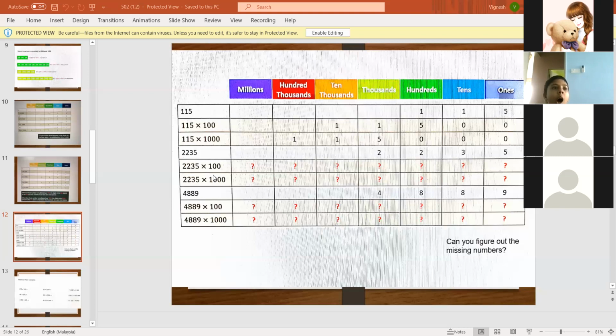What is the answer? Why, is the question very hard? No, teacher. So what is the answer? It is 488,900. Okay, very good. How if we multiply it by 1,000? 4,889,000. Very good.